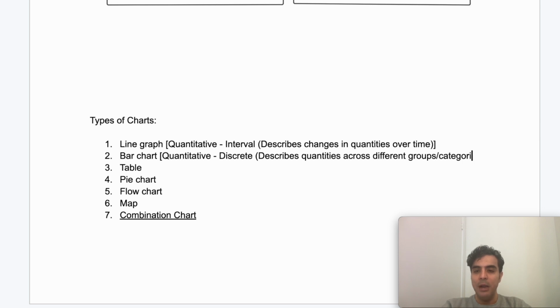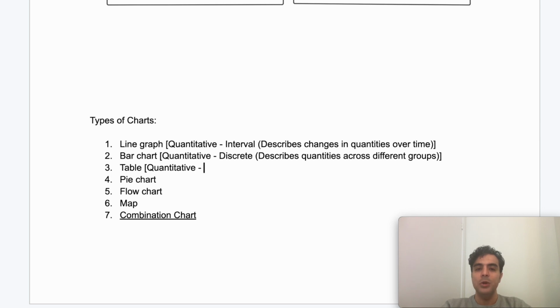This is very important, right? So I'll just add this here. And as you can see, it's quantitative and it is discrete, showing the changes in the quantities across categories, right? Not over time.